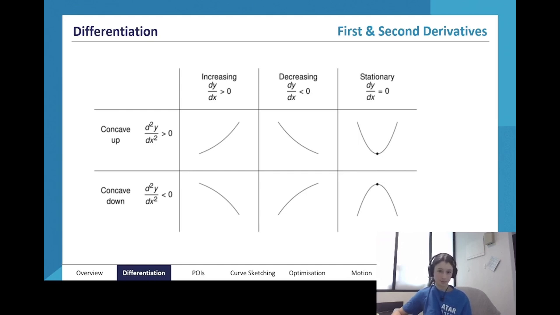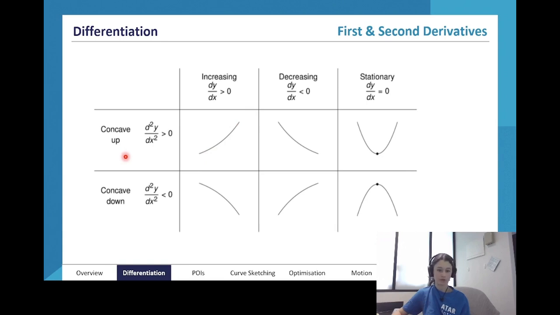So, as I was talking about before, we have two types of concavity, when the gradient is increasing and when the gradient is decreasing. As you can see here, in this section, the gradient is increasing. It's becoming more and more positive. It kind of has this curved shape.